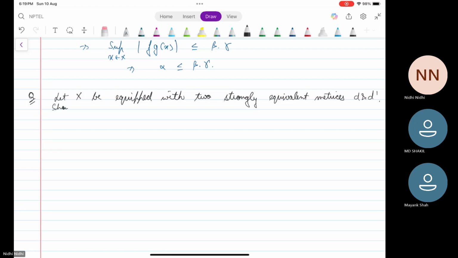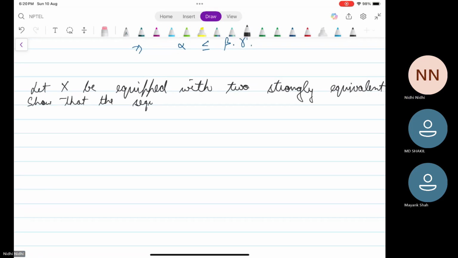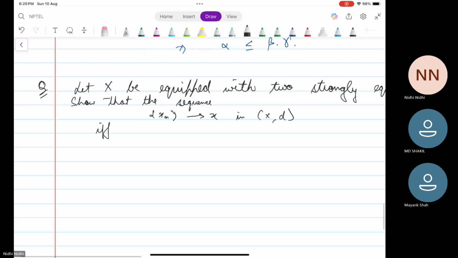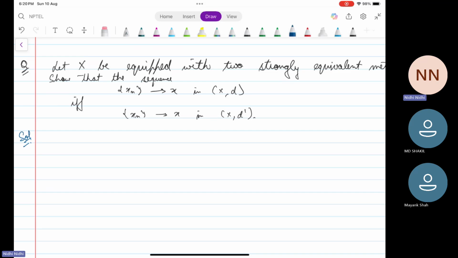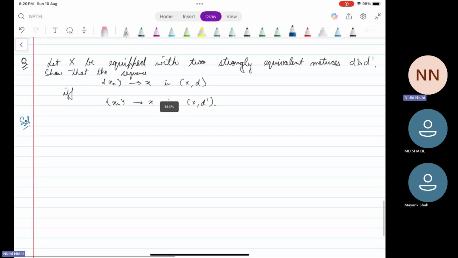Show that the sequence x_n converges to x in (X, d) if and only if it converges to x in (X, d'). That means under strong equivalence, we have the same convergence.